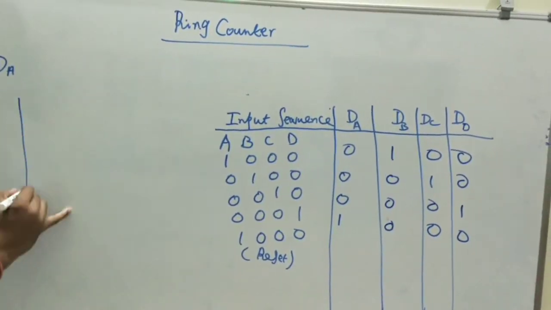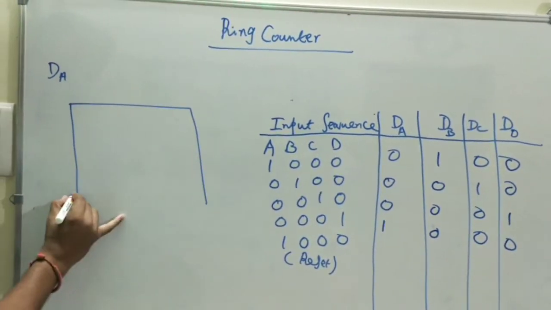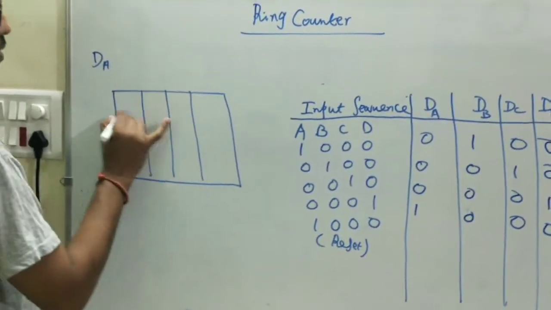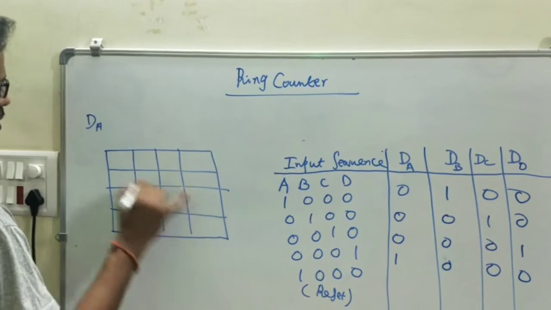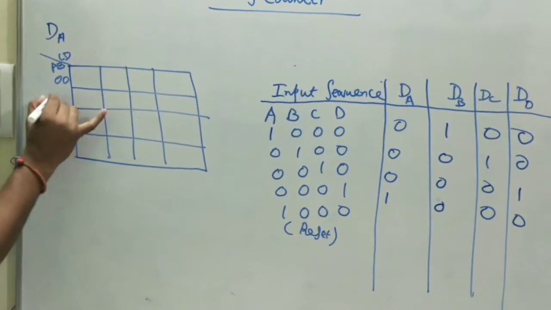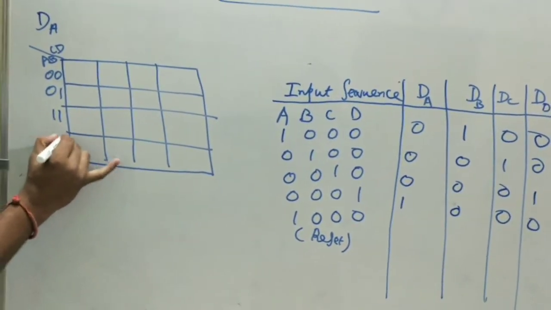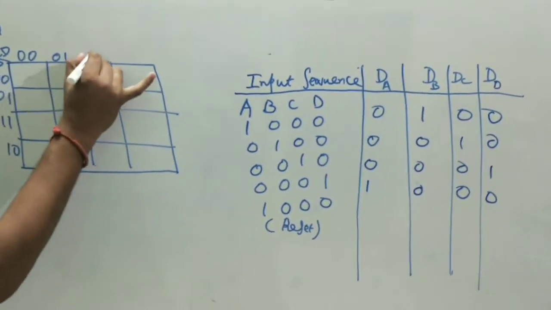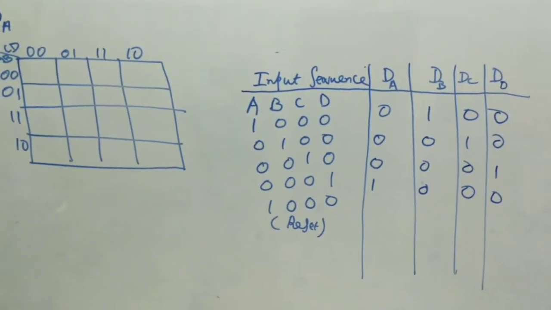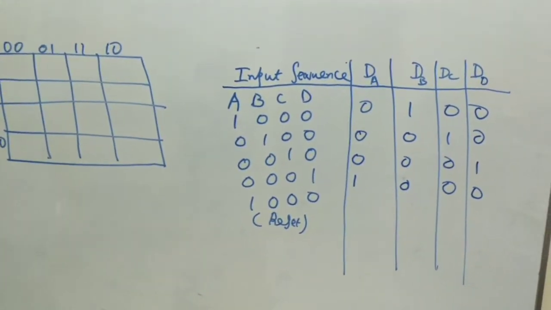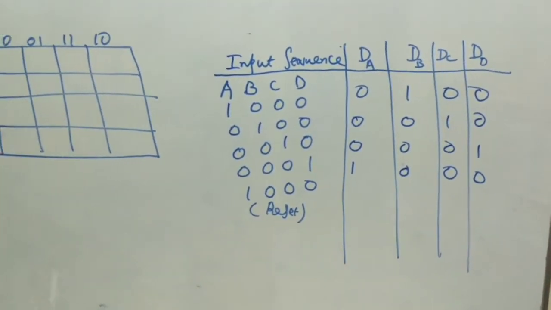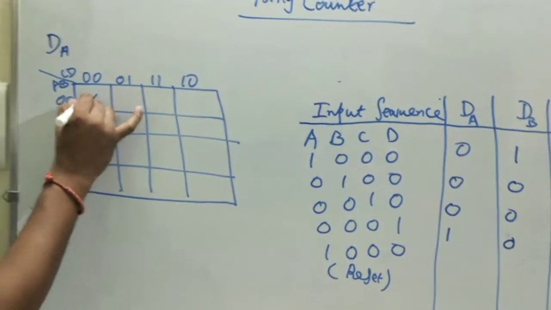So we need to construct a 4-variable map with A, B, C, D. First, 0000 is not part of the sequence, so we need not bother about it. We can put a don't care.